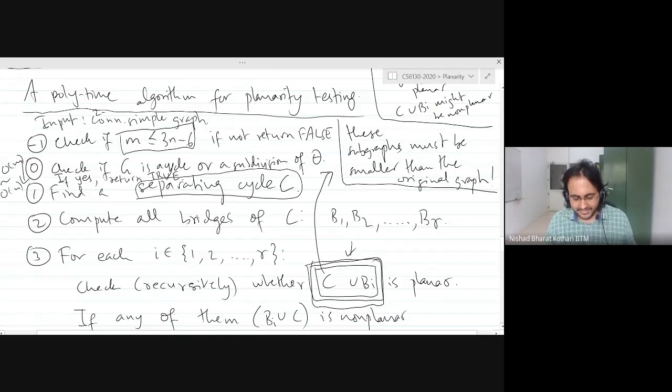It's written somewhere. Anyone? Why do we need a separating cycle? Shefali, Dev, Amit.